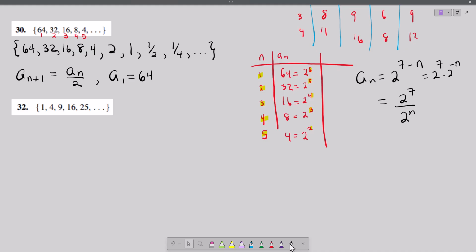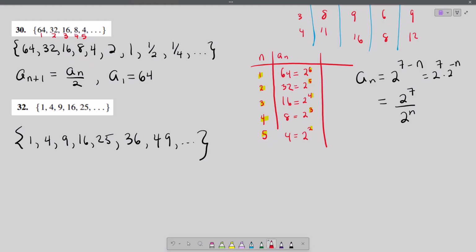How'd you get it? Okay, so this one is going to be a little bit easier to find the explicit formula for. Next term is 36, 49. 36, 49, so we're dealing with squares.